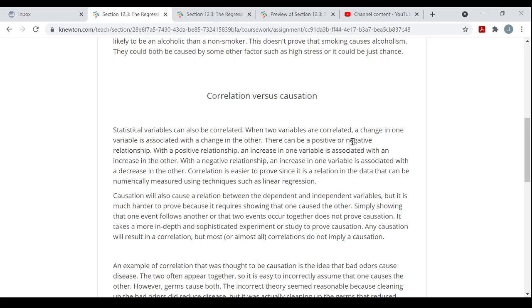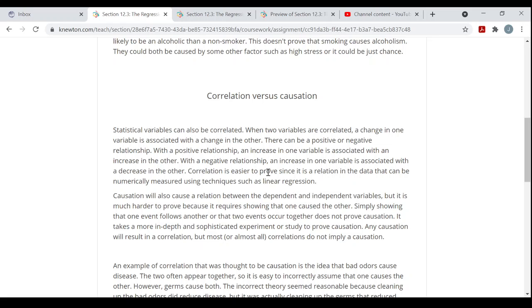There can be a positive or negative relationship, as I've mentioned. With a positive relationship, an increase in one variable is associated with an increase in the other. With a negative relationship, an increase in one variable is associated with a decrease in the other.